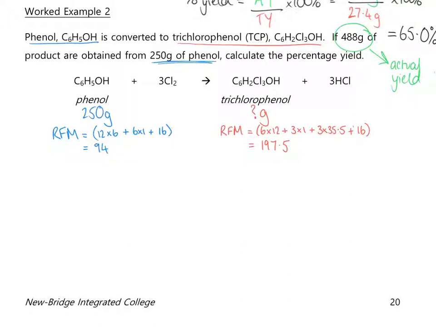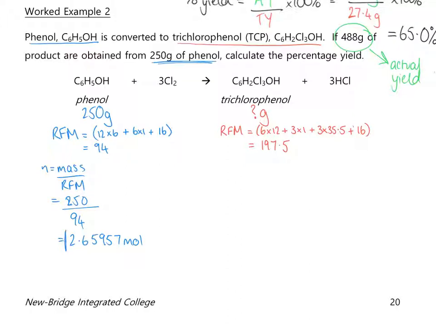Great, so let's start our calculation. First of all, I need to work out the number of moles of phenol before I bring it over to my product. So I use the equation N equals mass over RFM, just as I did before. The mass is 250. My RFM is 94. That gives me a number of moles of 2.6597.